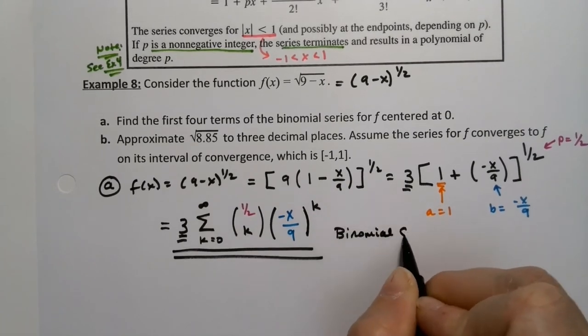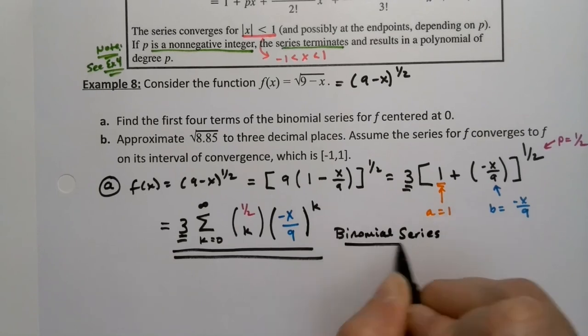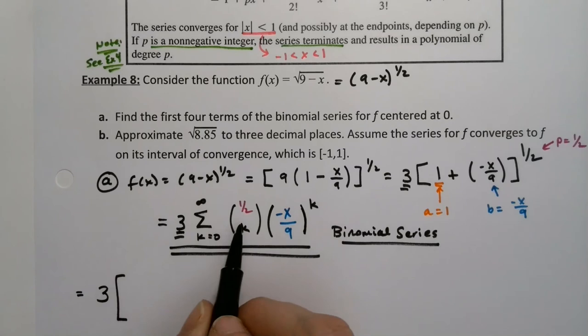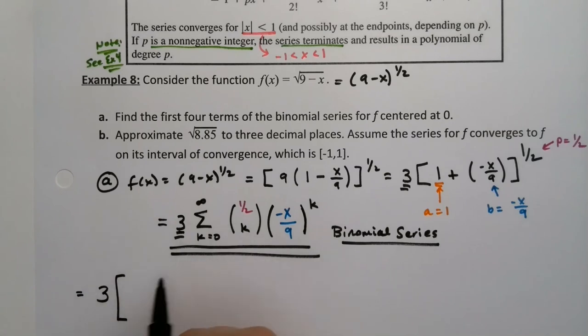Now they want us to write out the first 4 terms. Oh, and it's centered at 0, so, well, it will be in a second. All right, so I want the first 4 terms. So that's 3 out in front of the whole thing. And then I want to have 1/2 choose 0, and then negative x over 9 to the 0 power.